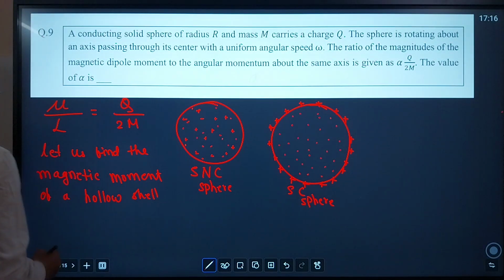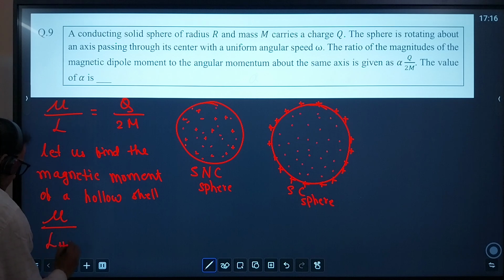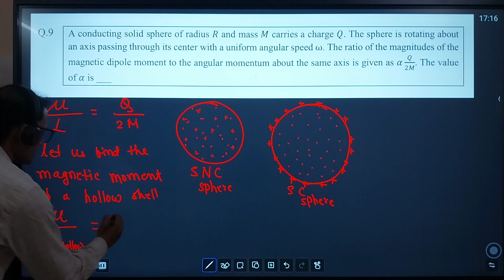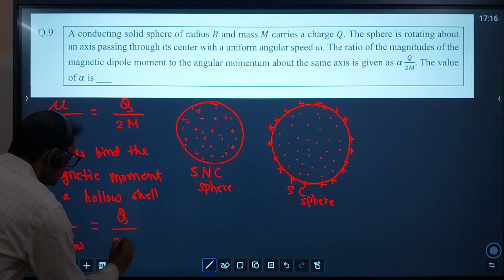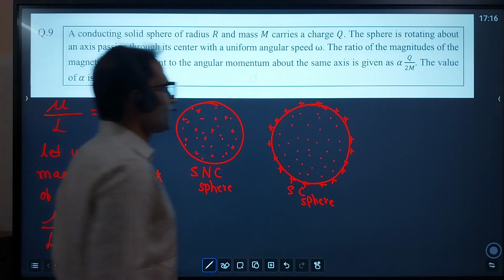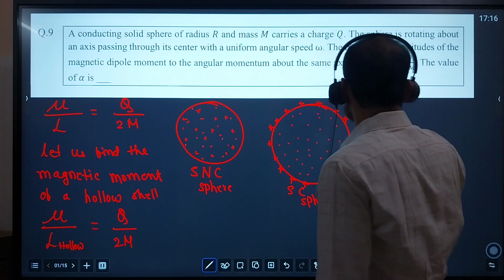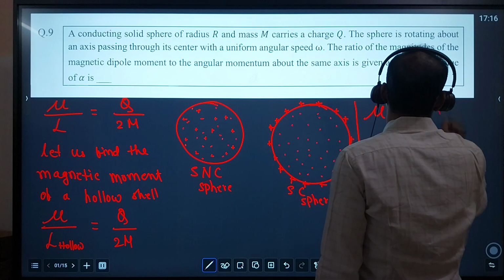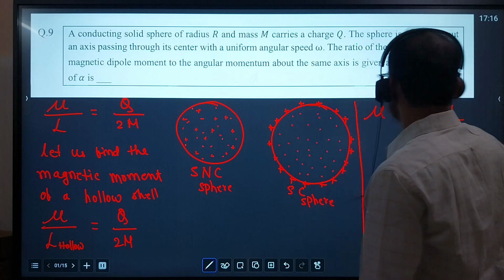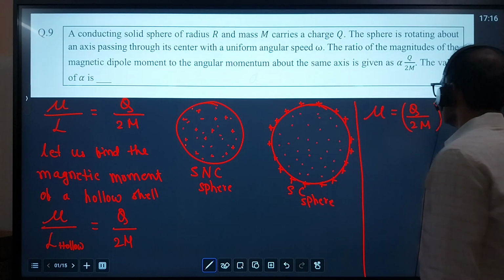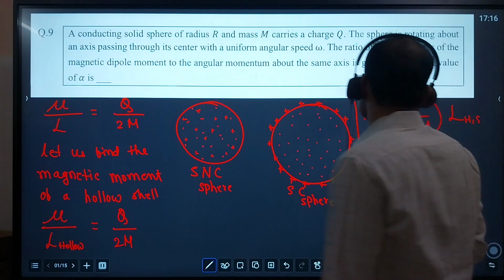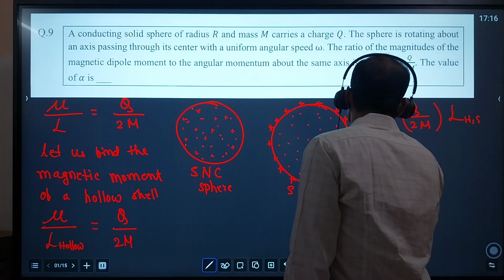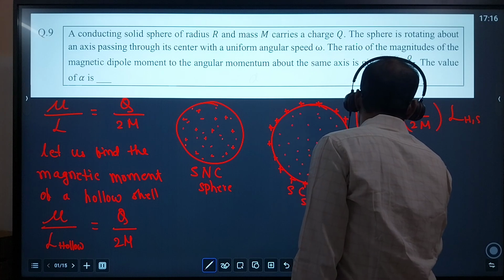So mu by L for the hollow sphere is given by the formula Q by 2m. So mu will be Q by 2m into the angular momentum of the hollow sphere, HS meaning hollow sphere.